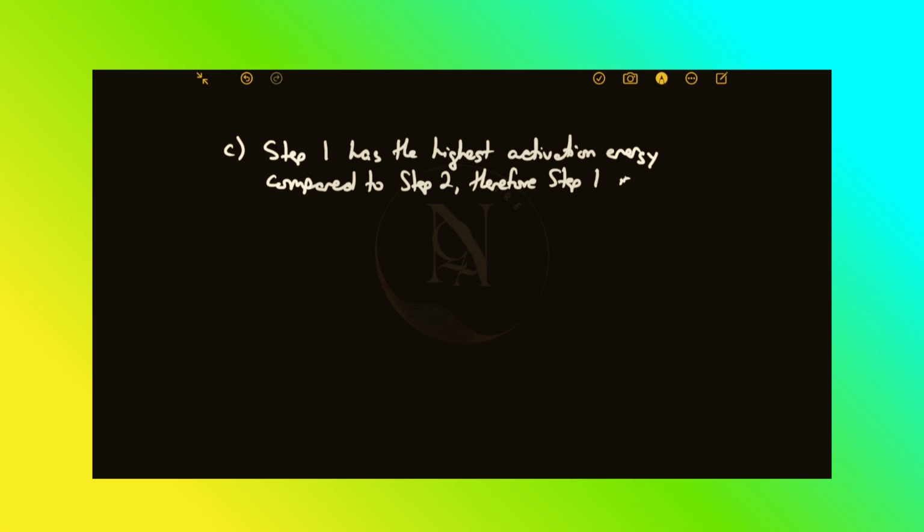Therefore, step 1 is the rate determining step, and we're asked to state the rate law for the overall reaction, and this would be based on step number 1. So the rate law is equal to k, a constant, times the concentration of A times the concentration of BC. And there would be our rate law for the overall reaction based on step 1, which is our rate determining step.